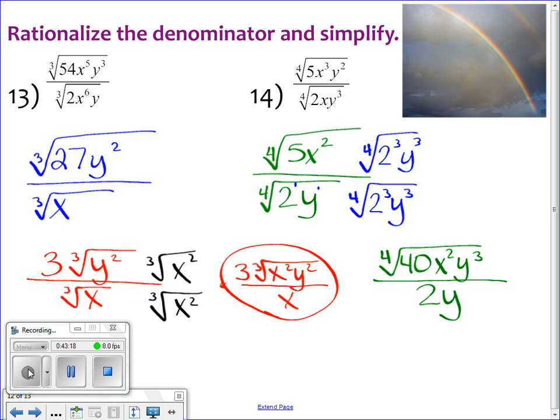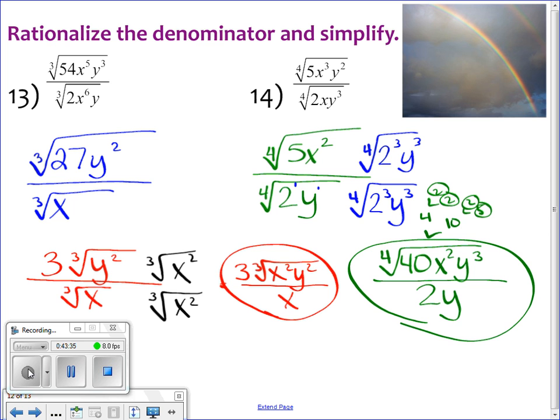I hear yes, I hear no. If I do a factor tree, that's 4 and 10, 2 and 2, 2 and 5. Did I get 4 of anything? No. Okay, so that doesn't actually simplify. I can't get groups of 4 of either of these. Can I simplify the 2 and the 40? No. So I'm done here. That's all I can do. Definitely something we need to practice.